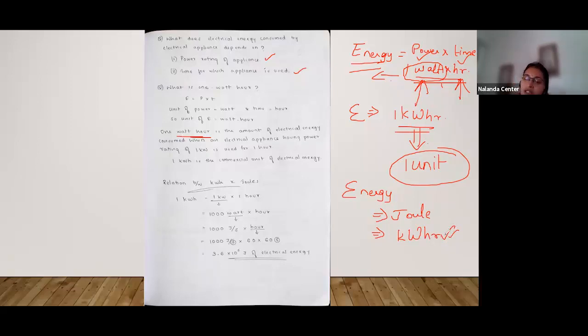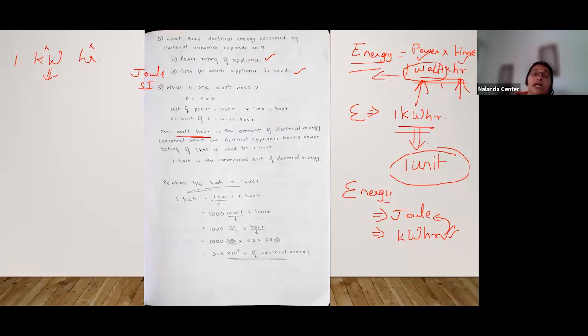So now we are going to see what is the relationship between kilowatt hour and joule. How can we derive that? 1 kilowatt hour. Now, what is meant by joule? Joule is an SI unit. That means everything should be in SI. This is not in SI and this is not in SI.